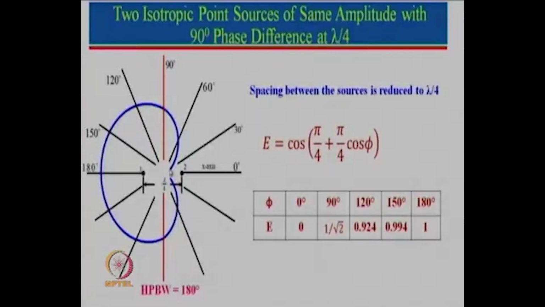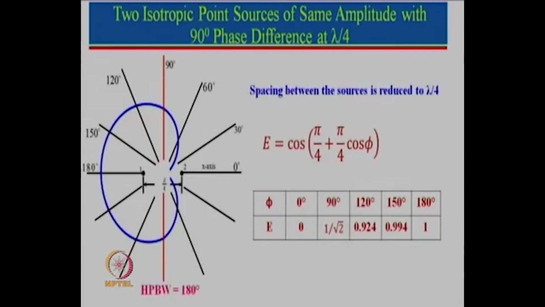Now you can actually think about, for example, if the antenna is put near the coastal area, if you put an omnidirectional antenna near the coastal area, then it will be radiating a lot of power in the sea or along the ocean, which is not really desired.